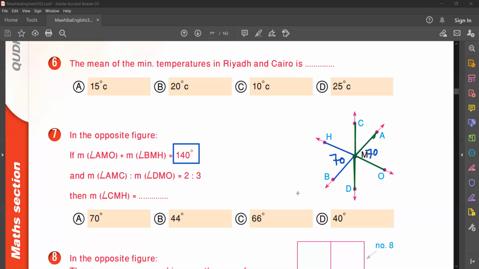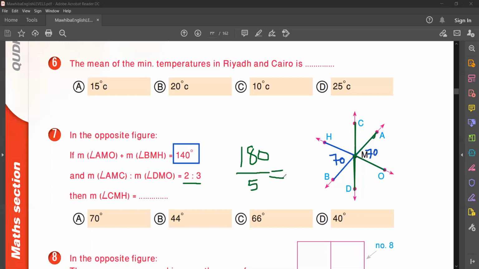2/3. That's mean because we have a straight line here. It is 180. So 180, this straight line here, straight line, 180. 180 divided by, you add 2 plus 3 divided by 5. If you divide it by 5, how much will be?